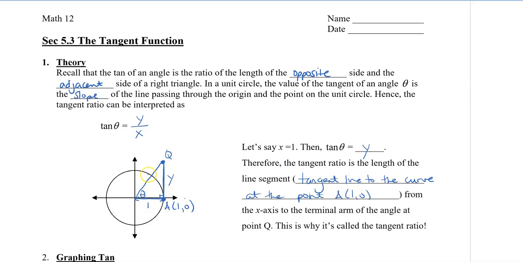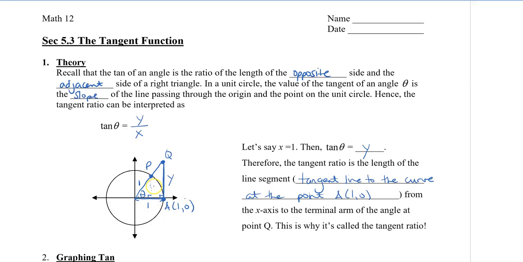Now, we can also designate some other points. And you'll notice that this point P here, if I draw this as a right angle here, and now I know that this is 1, okay?